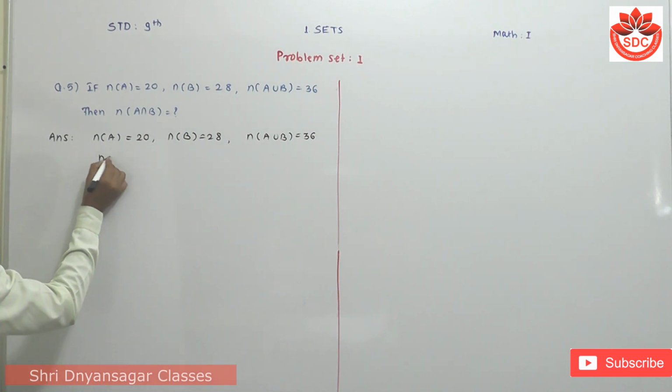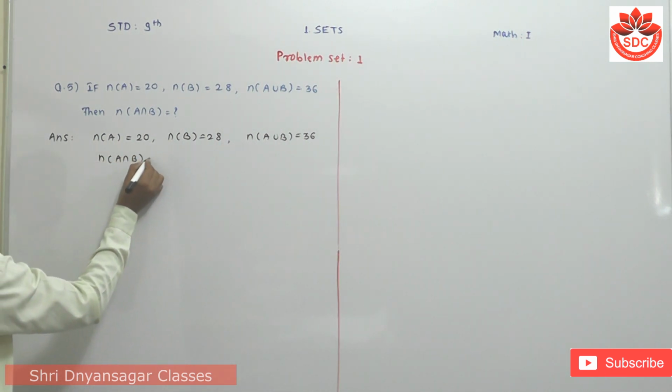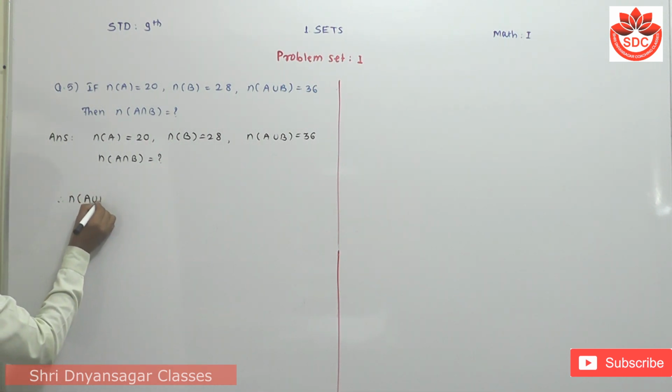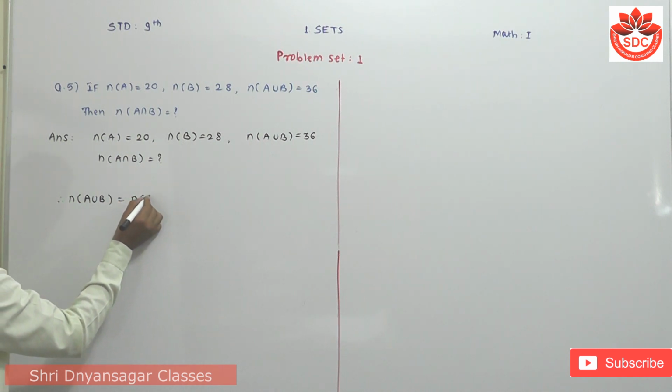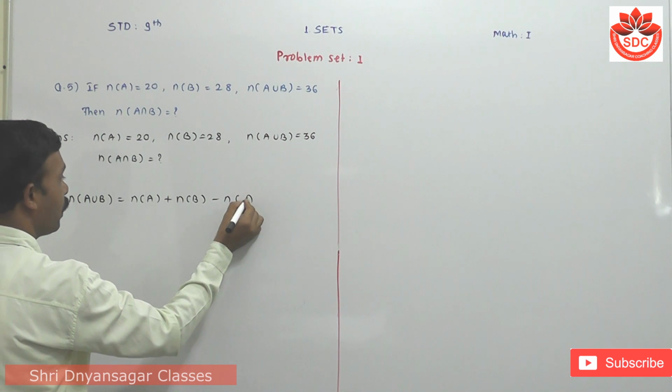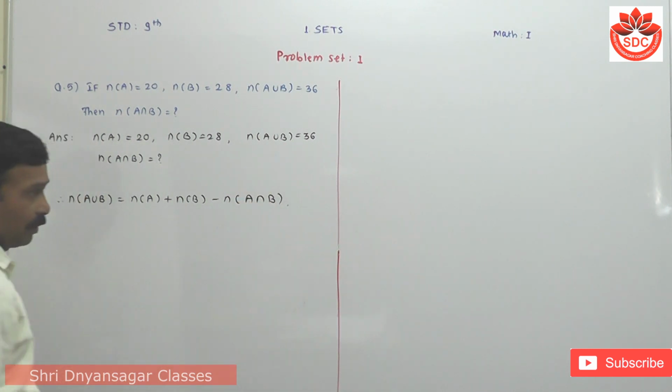We have to find here n of A intersection B. Very, very important example. The formula is that n of A union B is equal to n of A plus n of B minus n of A intersection B.